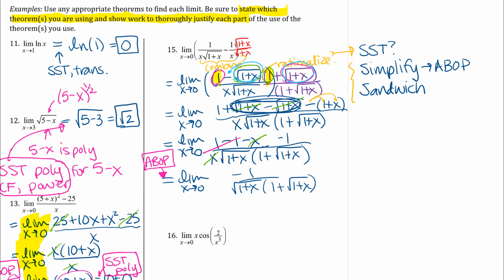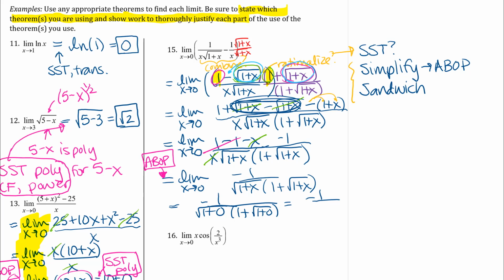And it looks like a big mess here, but one thing that you might notice is that at this point x equals 0 is in the domain of what I have here, so I can go ahead and use a substitution shortcut theorem to finish this problem and just substitute in x equals 0, remembering that that is not really what limits are about. But when I can use the substitution shortcut theorem, it makes everything nice and easy.